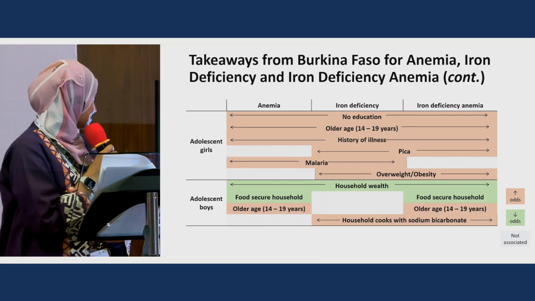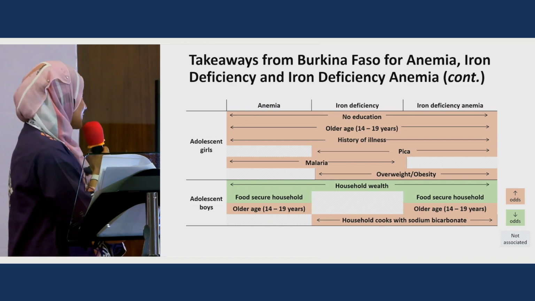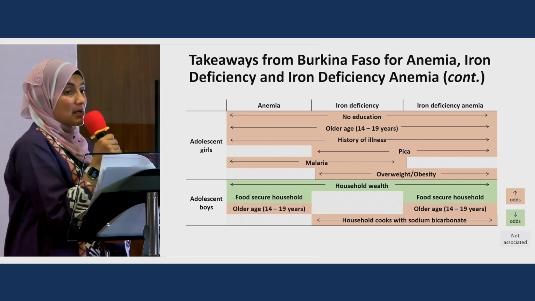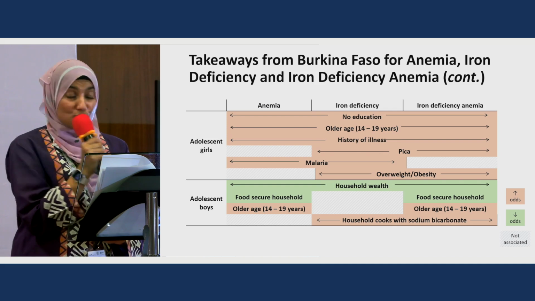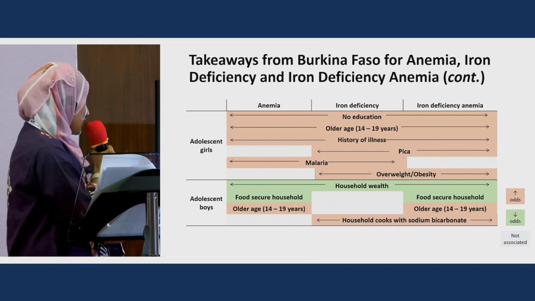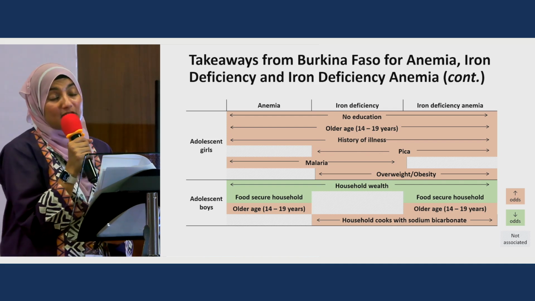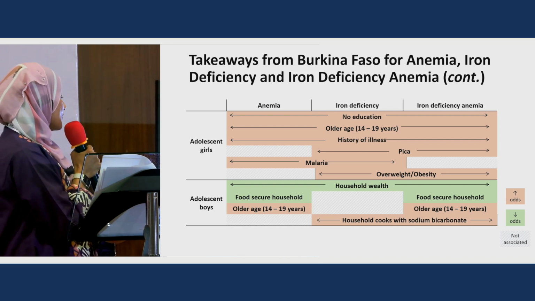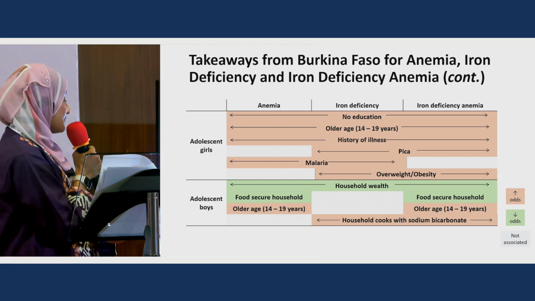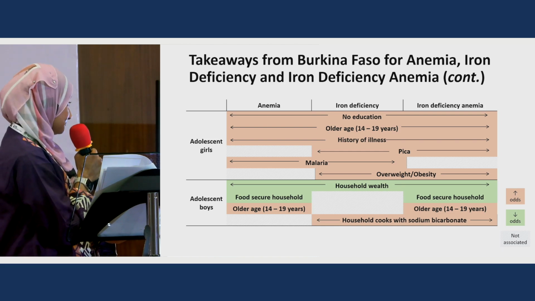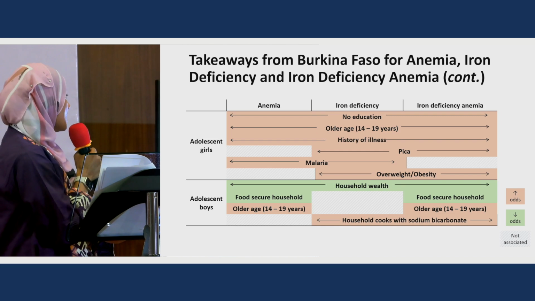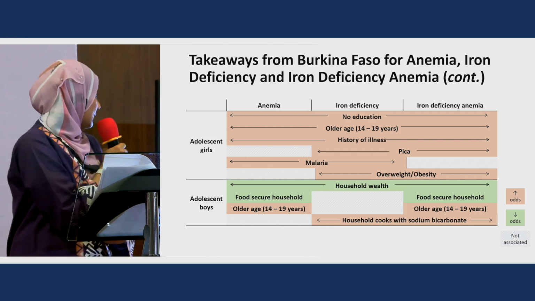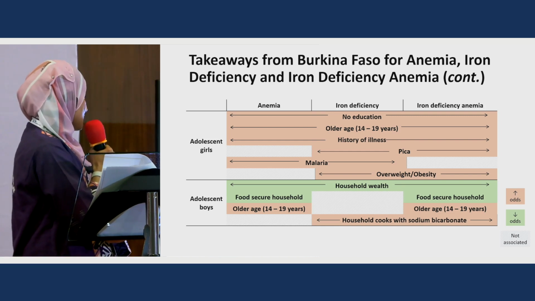Next slide, please. For adolescent girls, again, not going to school, having reached menarche, and having been ill in the past 2 weeks were associated with higher levels of all three outcomes, where malaria was also associated with anemia as well as iron deficiency.